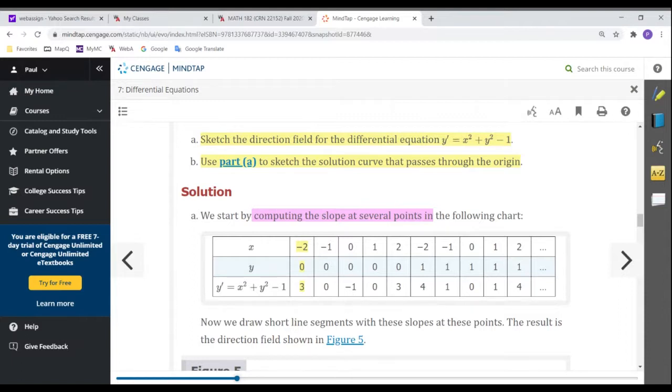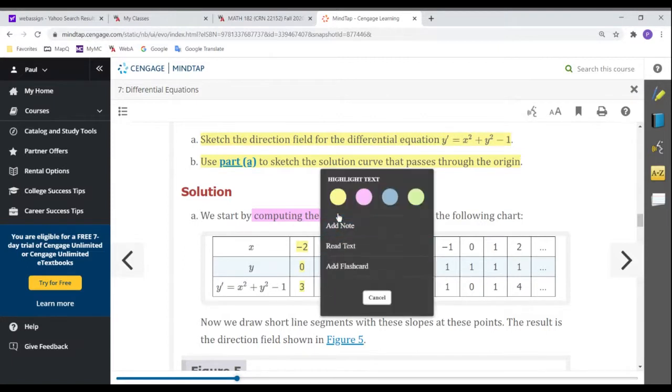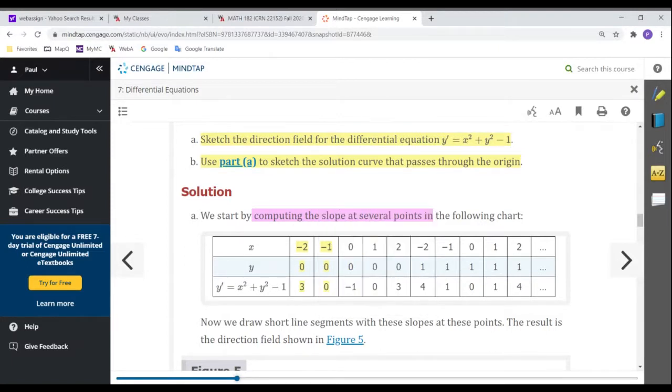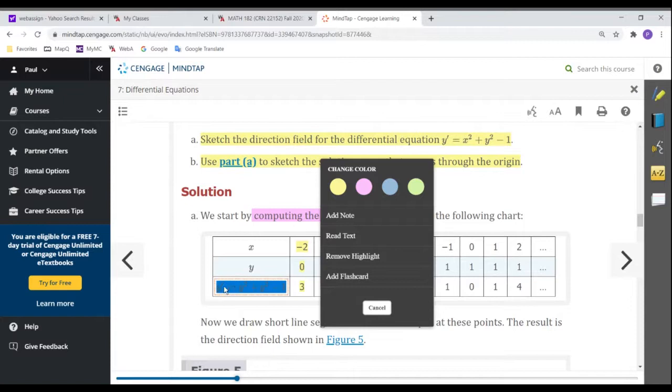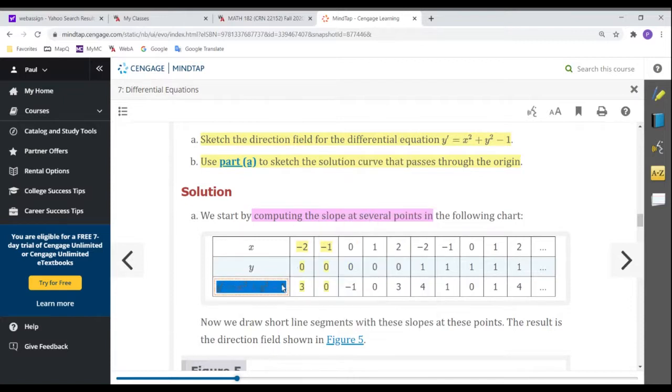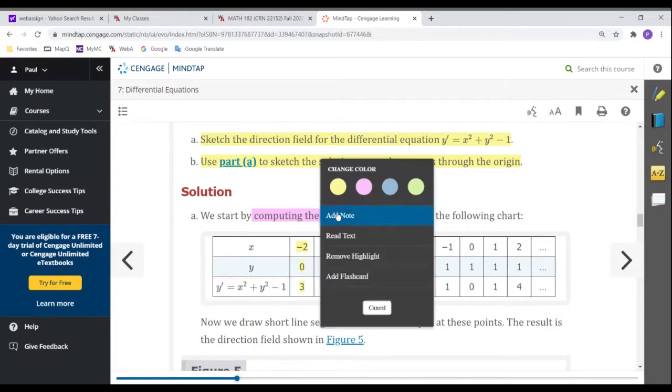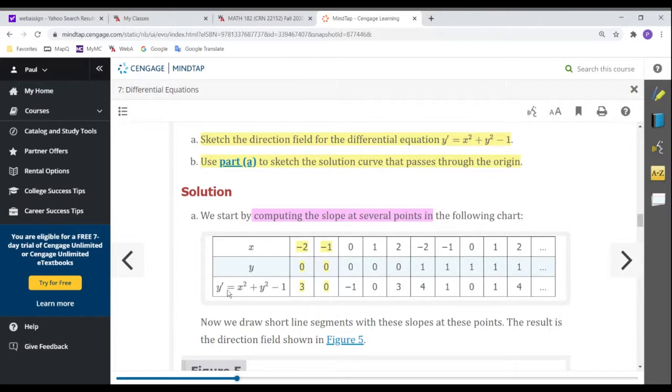And then they pick another point. They pick (-1, 0), and they compute that the derivative at that coordinate is 0. Again, if you just substitute your xy coordinates into the differential equation, you'll get 0.